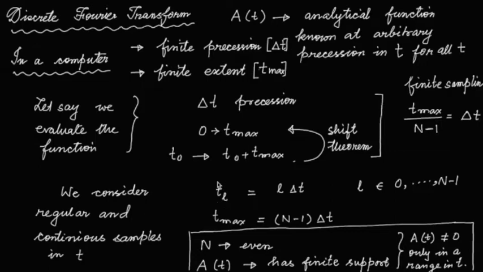TL is one of the values of T where you are sampling, so you are sampling at T at 0, T at 1, T at 2, T at 3. T at 0 is 0 because L is 0. T at 1 is delta T, etc. So you can go up to only T at n minus 1, which is n minus 1 into delta T. So that is your T max, right?